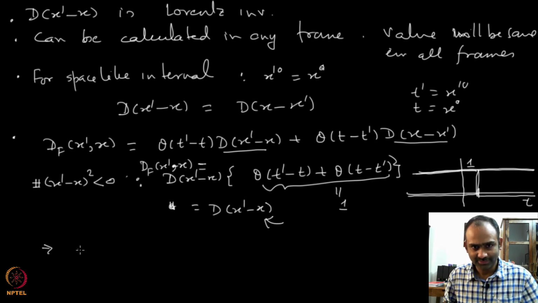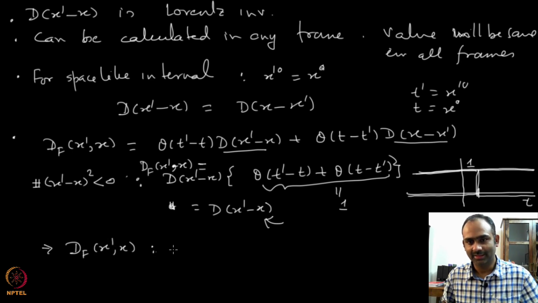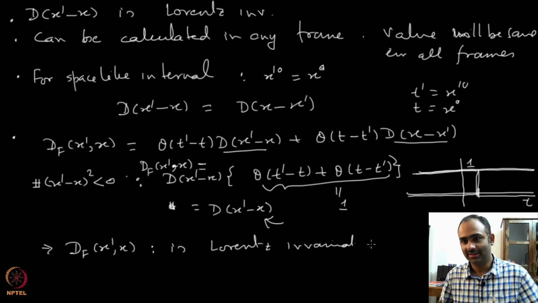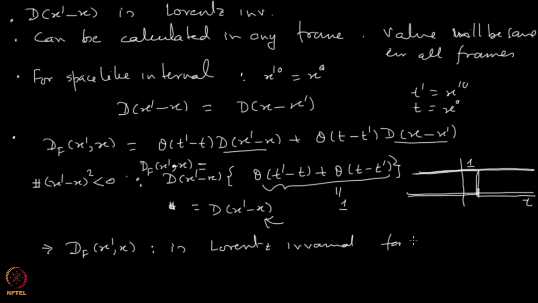So, we conclude here that df x prime x is Lorentz invariant because this object is, for x prime minus x square less than 0, and also it depends only on the separation x prime minus x, because on the right hand side the dependence is only on x prime minus x and not x prime and x individually.